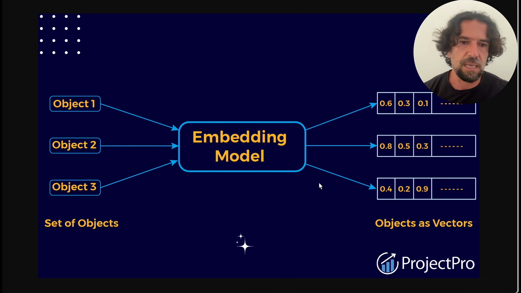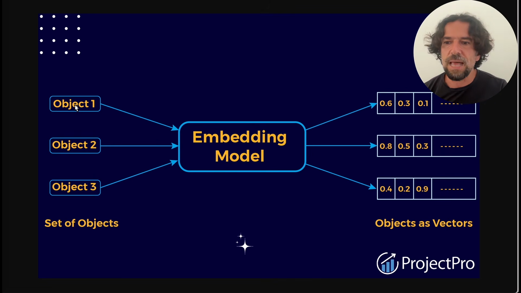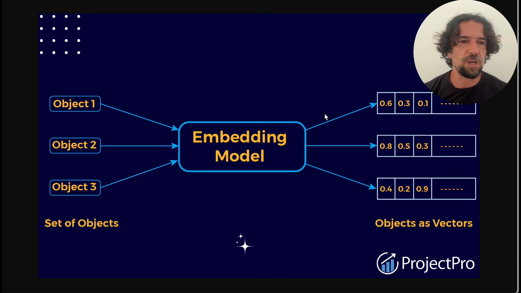But the very cool thing is that you also have multimodal embedding models, so you can turn an image into a vector and also a text into a vector, and the vectors will be in the same space. So you can search like Google Photos, for example, for images matching a given sentence.